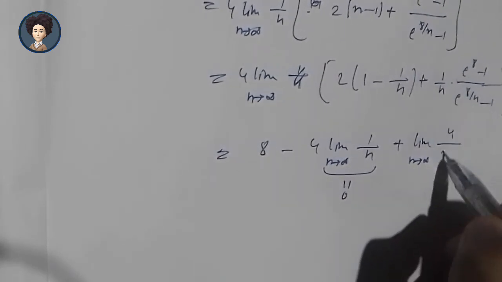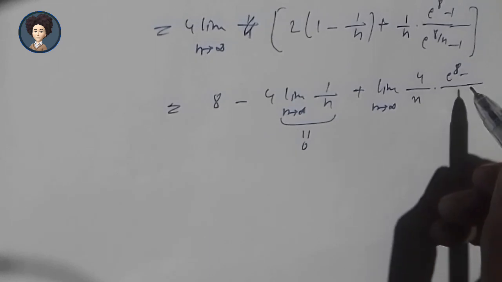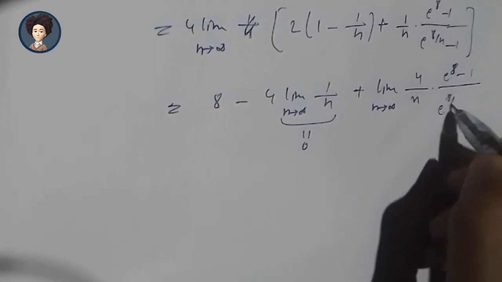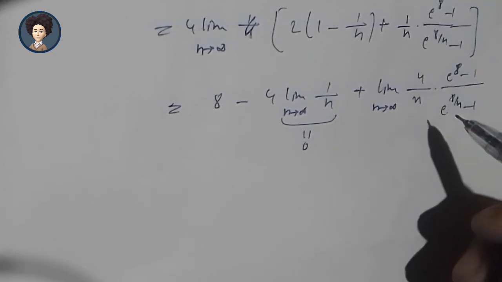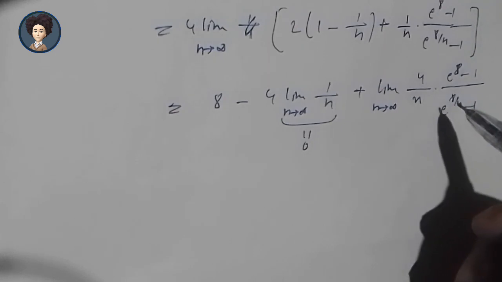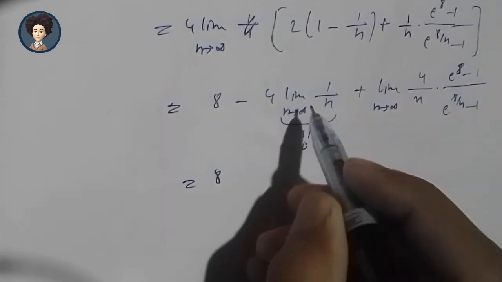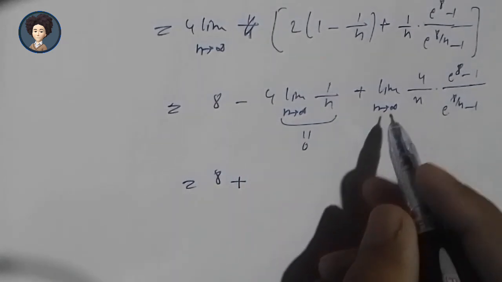We can simplify this. Okay, here I have to make a construction, and we have to minus 1 e to the power 8 by n minus 1. So how are we going to construct this? Let me show you. Since here this one becomes 0, and here is left 8 plus the limit.